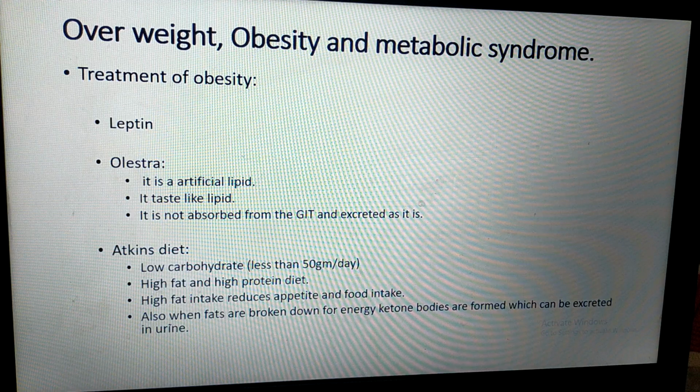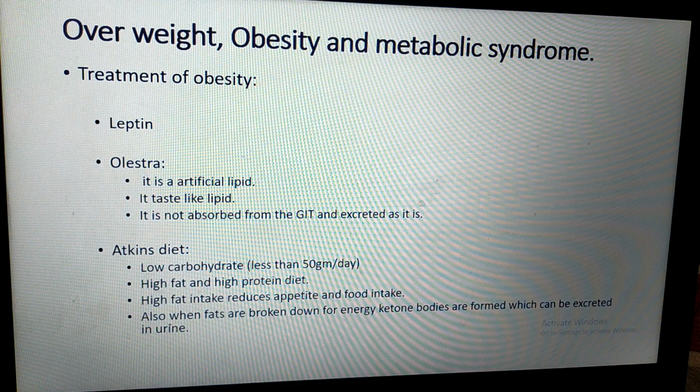In this diet, low carbohydrate is given to the person, means less than 50 grams of carbohydrate should be taken by the person per day. Therefore, the main source of energy for our body is carbohydrate, which is limited to 50 grams. Instead of that, high fat and high proteins are given to the person. So when carbohydrate is not available, naturally the body will obtain energy from fats and proteins.